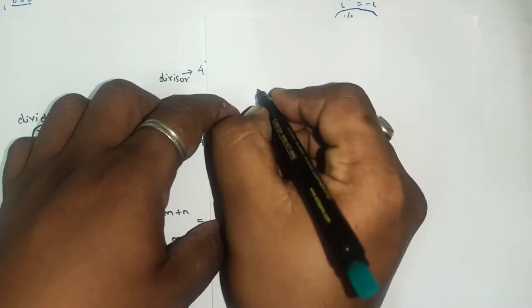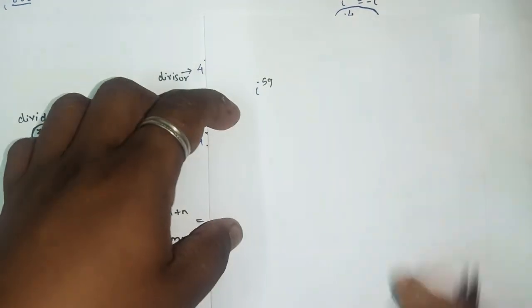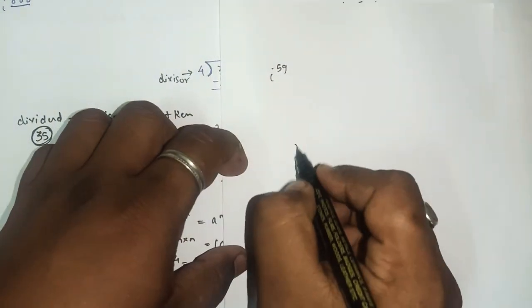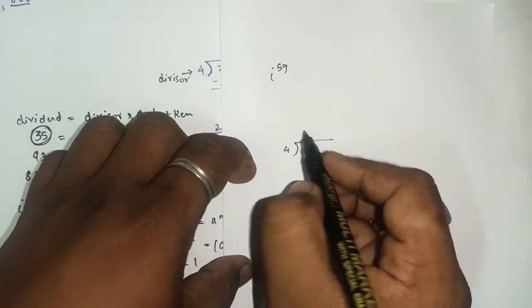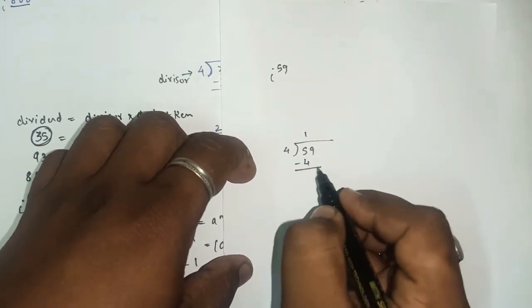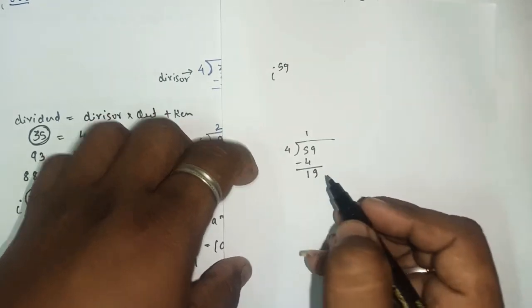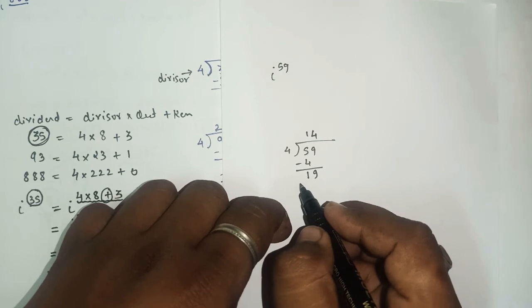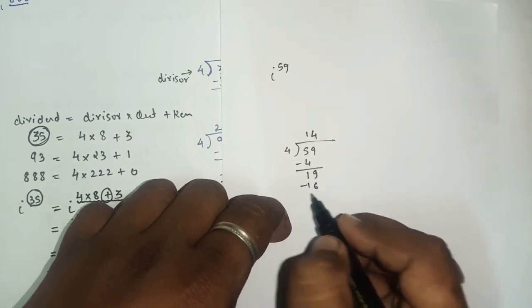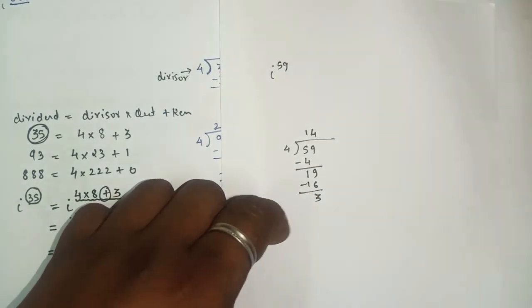So suppose you want to find I raised to 59. So first divide this 59 by 4. 4 ones are 4. So here we are left with 1 and 9. 4 fours are 16. So you're left with 3.